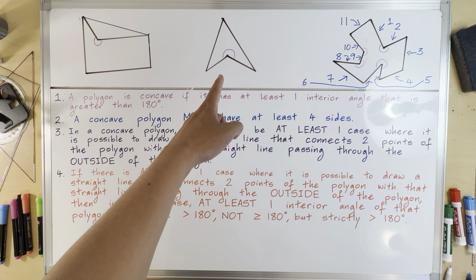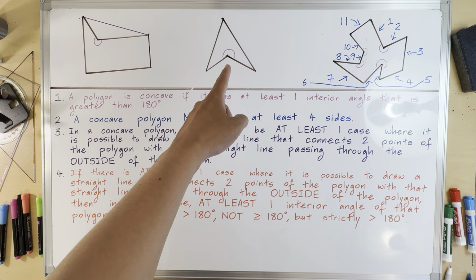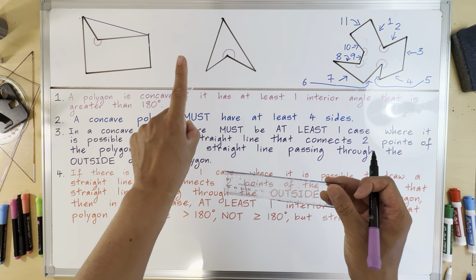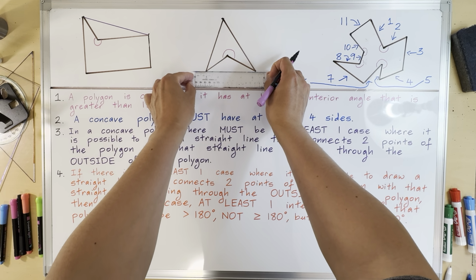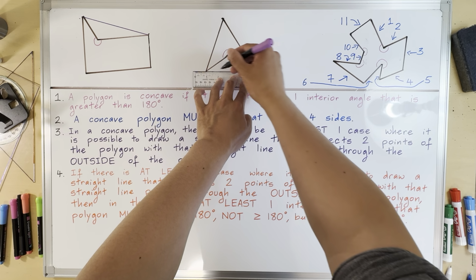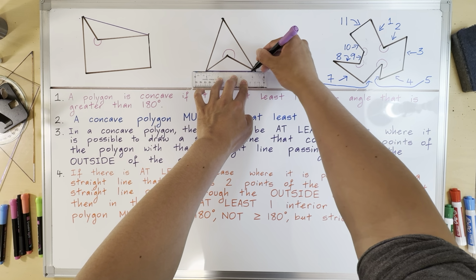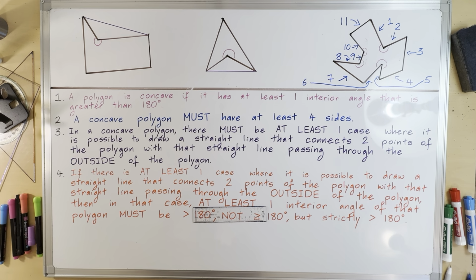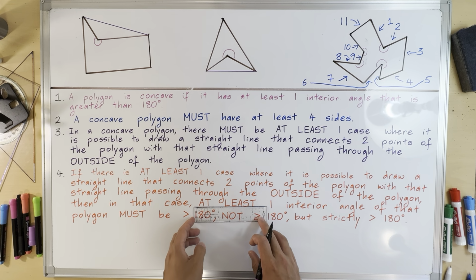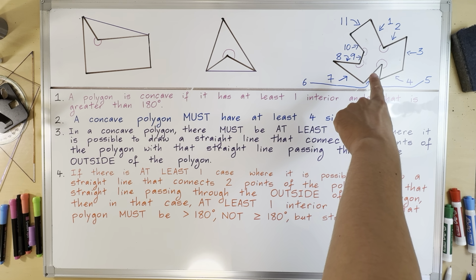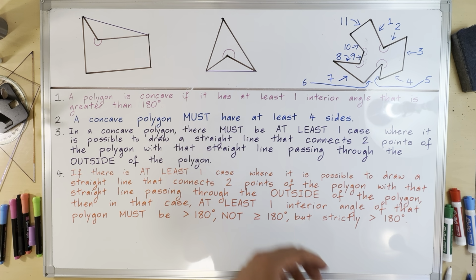What about this polygon right here that's in the middle, the second polygon? Yes, there's just one single case only, and that is connecting this point to this point. And of course, it is obvious that for the third polygon right here, it has multiple cases.